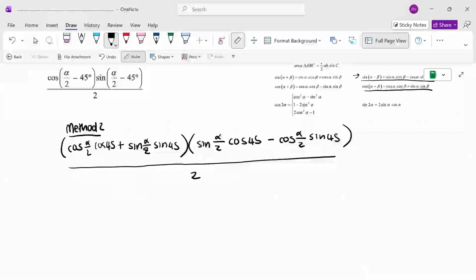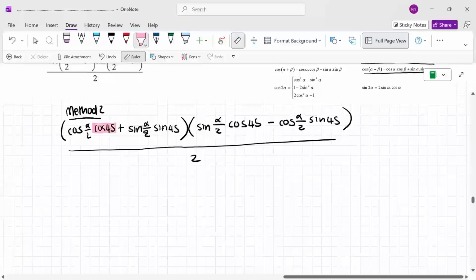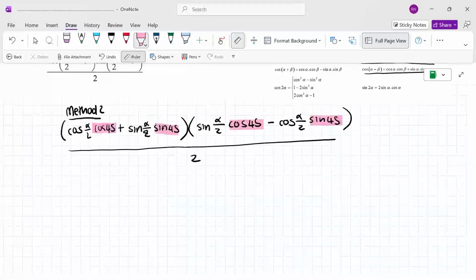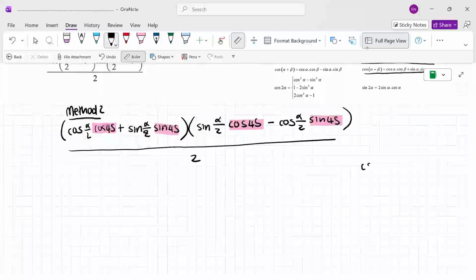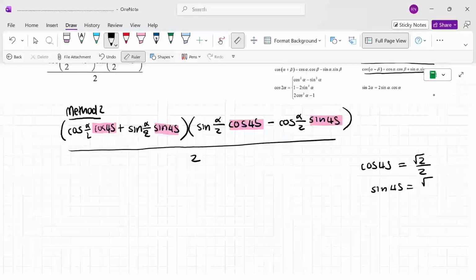Okay, now I'm going to make this into numbers because I don't want to work with these. These all are equal to root 2 over 2. So if you look in your calculator and you put in cos 45, which is a special angle, which you should know, it is going to be root 2 over 2, and so is sine 45. I'm going to change all of those.